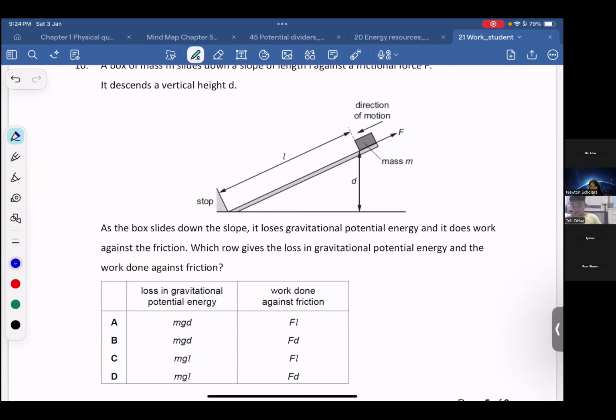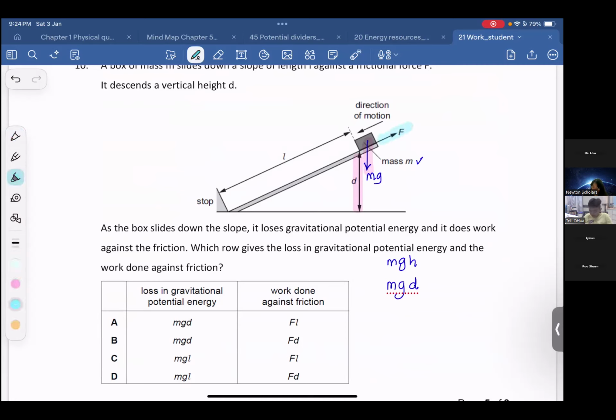Loss in mgh, what value do we need to use? mgh, mgh. So m is here, g is here, height. So the weight is pointing downward. mg is pointing downward. So your height must be in the same direction as this one. The weight is in the same direction as your distance. So you should use mg, using d as your height, okay? So work done against friction. Where is your friction? Okay, I highlight it here.